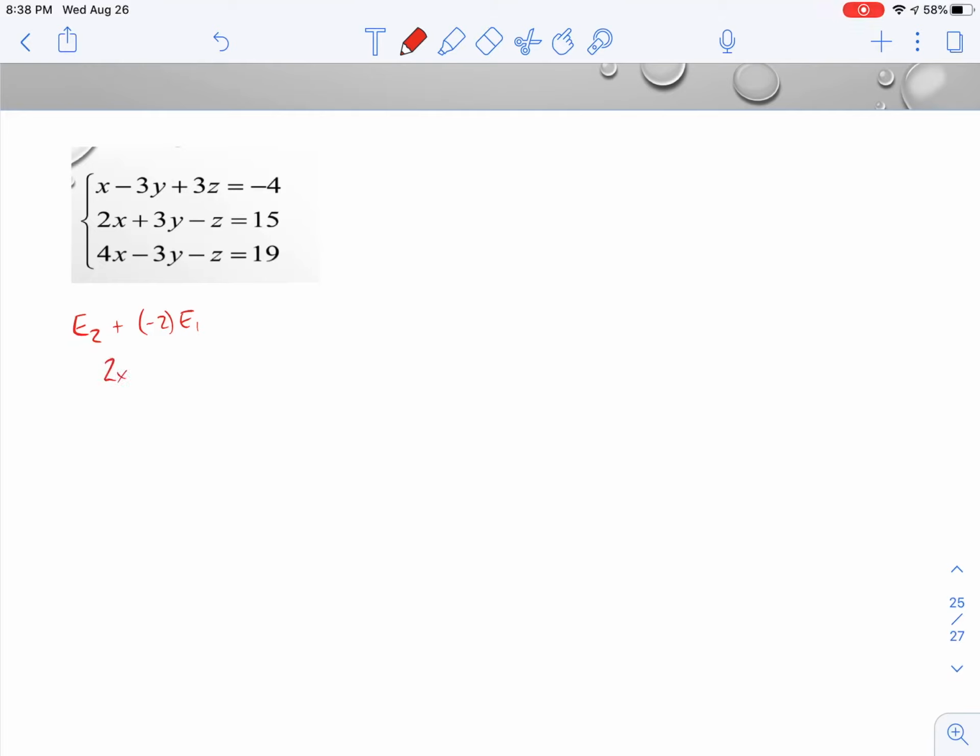So I'm going to have 2x plus 3y minus z equals 15. And when I multiply equation 1, pardon me, by negative 2, I'm going to have negative 2x plus 6y minus 6z equals positive 8.